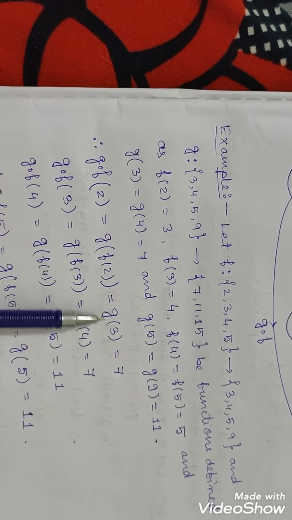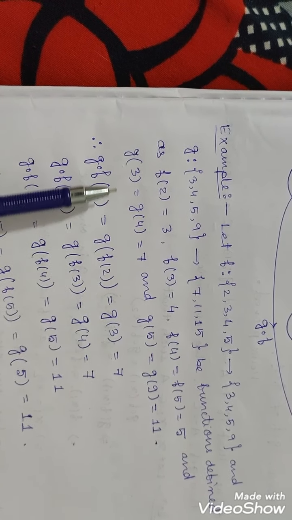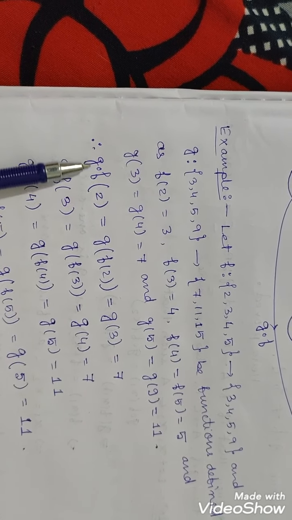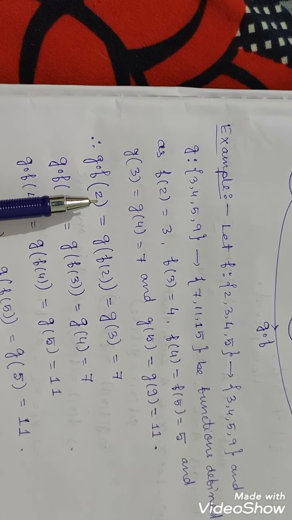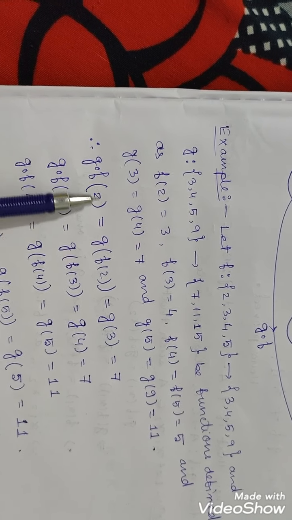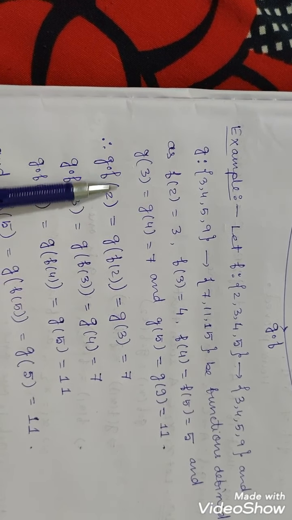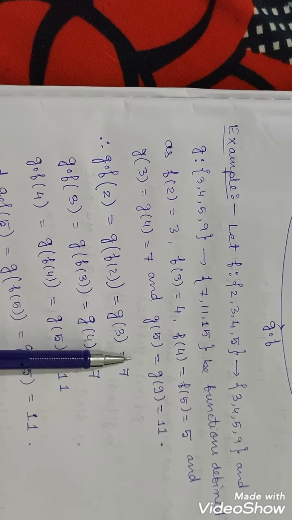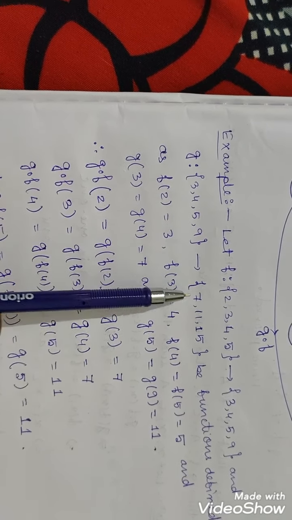Now finally you get g of 3. What is the value of g of 3? g of 3 is 7. Means the composition function, if you take one element from the set A, has an image in set C, that is 7.